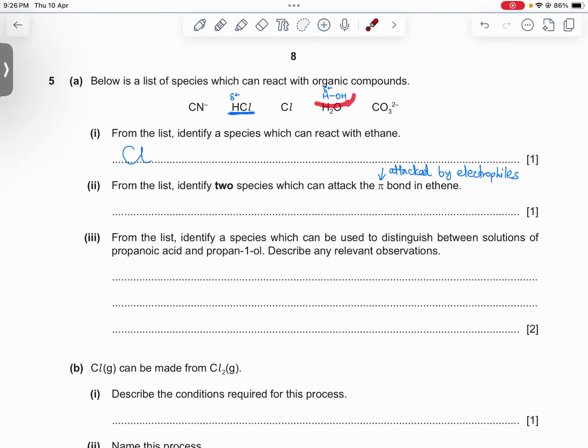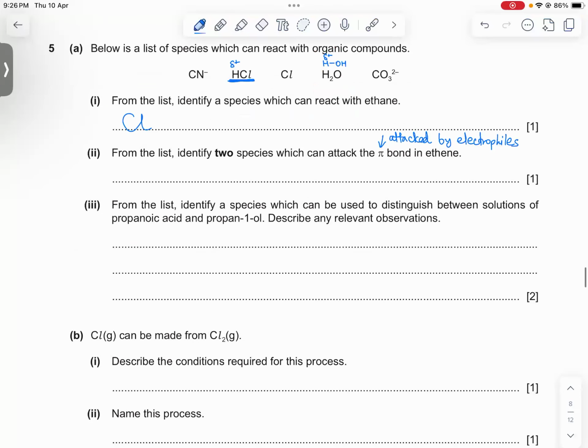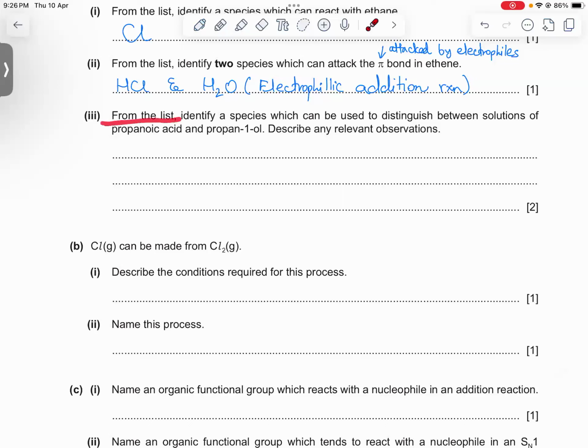Addition of steam on alkenes and addition of hydrogen halide on alkenes are both very famous electrophilic addition reactions. Okay, so we are going to say HCl and H2O, electrophilic addition reactions. You can refer to that part of the chapter on hydrocarbons. Okay, on to the next question.